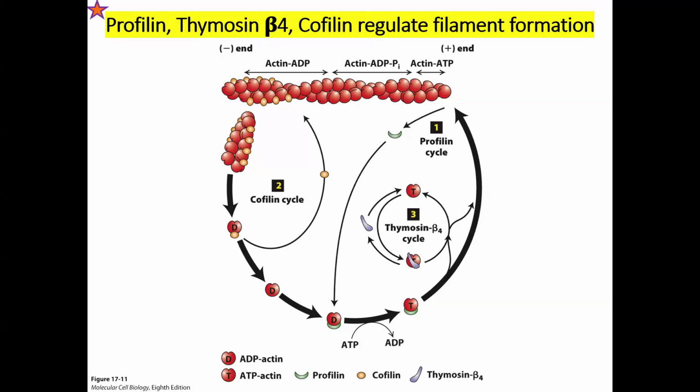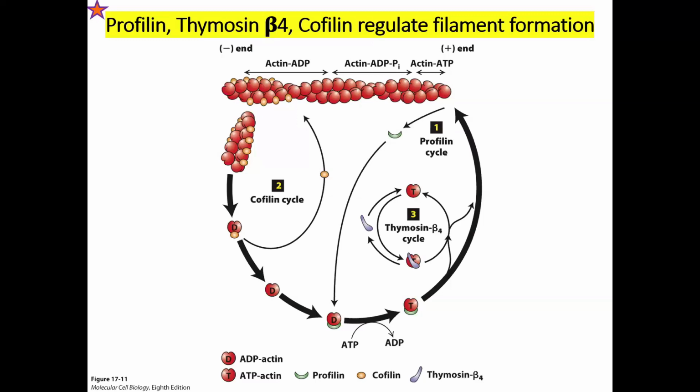D means this is a globular actin associated with ADP. This is your cofilin. Cofilin is bound onto the side and helps it to sever, and it will be recycled back. This actin ADP is now bound to another protein called profilin.